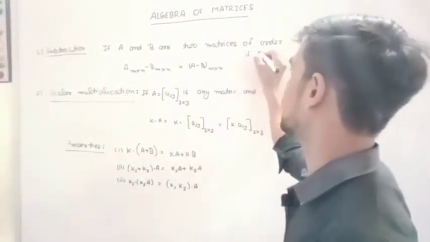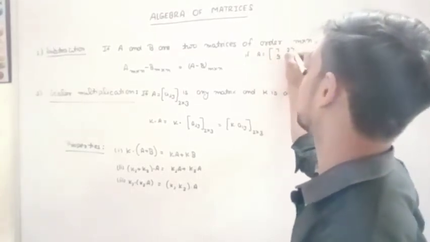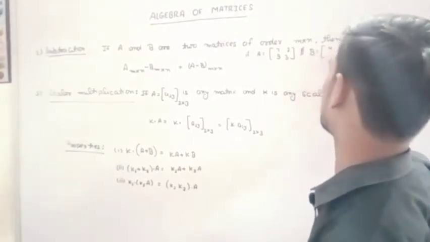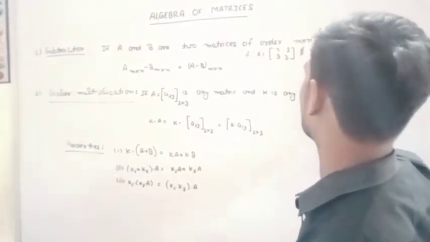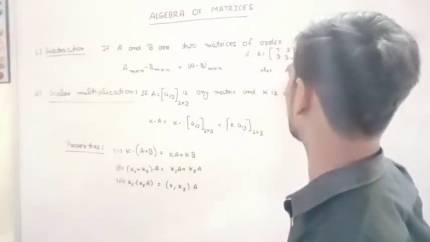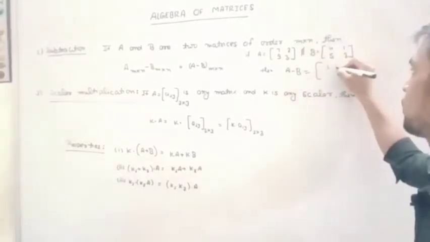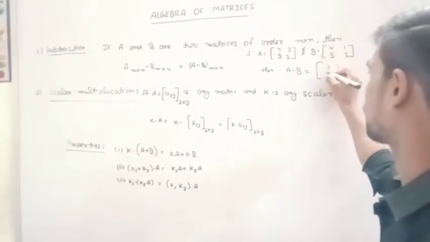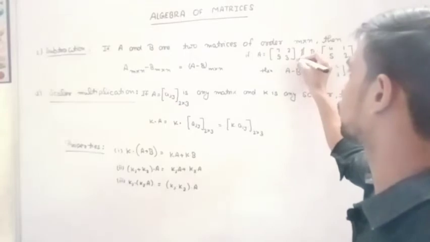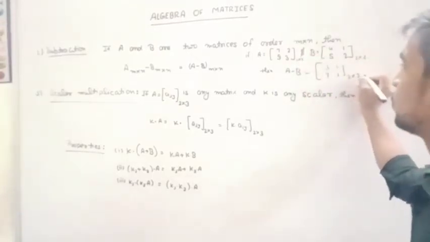If A is equal to 7, 2, 9, 3 and B is equal to 4, 1, 5, 2, then A minus B will be equal to 7 minus 4, that is 3, 2 minus 1 equal to 1, 9 minus 5 is 4 and 3 minus 2 is 1. Here we can see that the order of A is 2 cross 2, B is 2 cross 2 and the order of A minus B is also 2 cross 2.